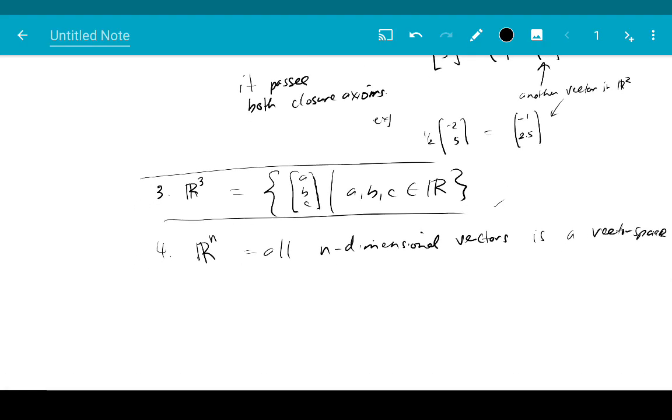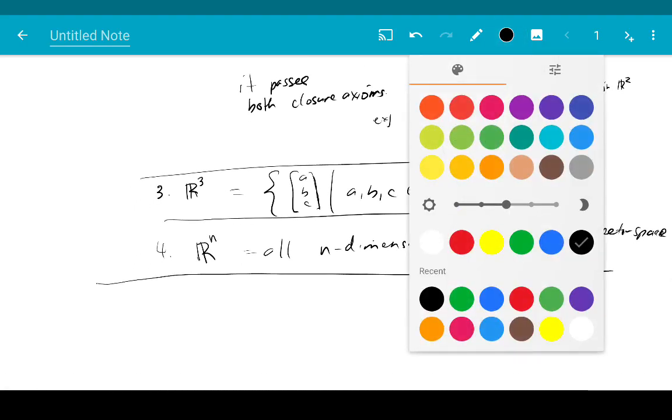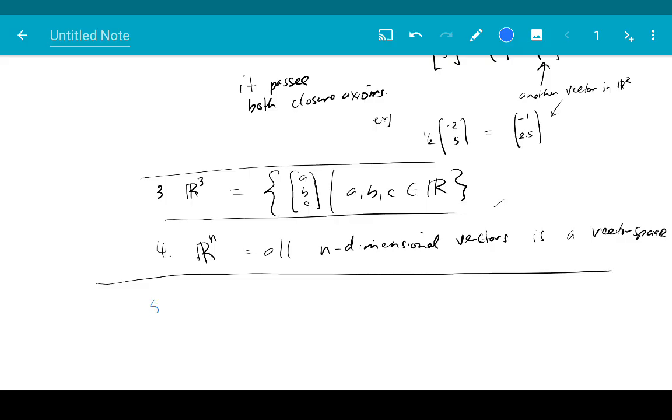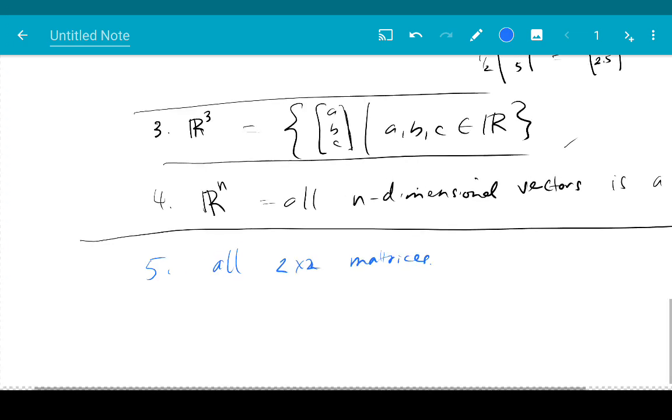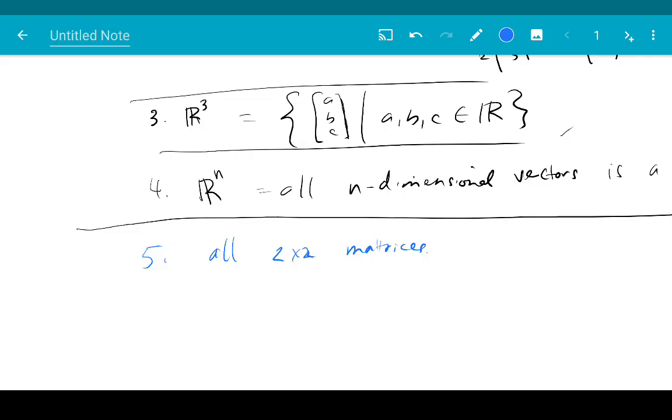All right, let's do some more examples that are not just traditional vectors. So how about this example, number 5? All 2x2 matrices. By the way, this set has a name. It's called M2,2.